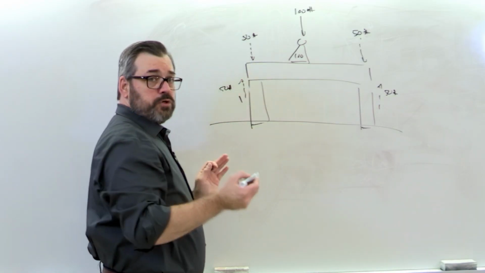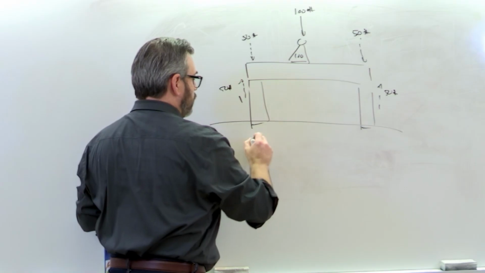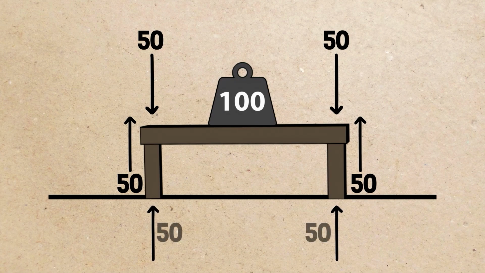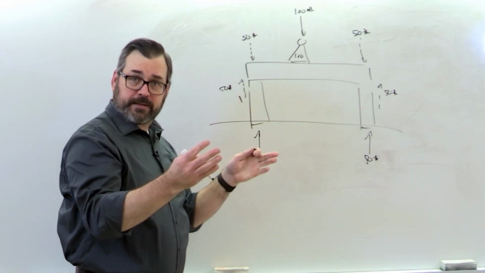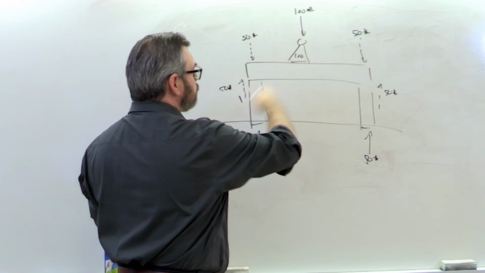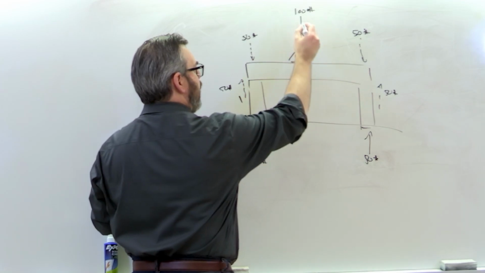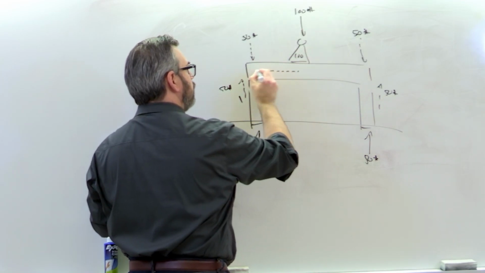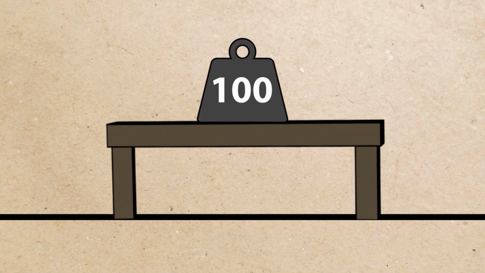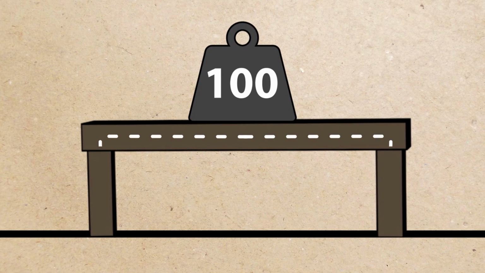The column isn't going to move because it's sitting on the ground. So the column is seeing the earth push against it with 50 pounds of force. The column then is seeing compressive stresses that resist those forces that want it to squish. Does that make sense? So this is what we mean when we talk about going to ground. This 100-pound force is being transferred to here, and then it is being transferred through the column to the ground.